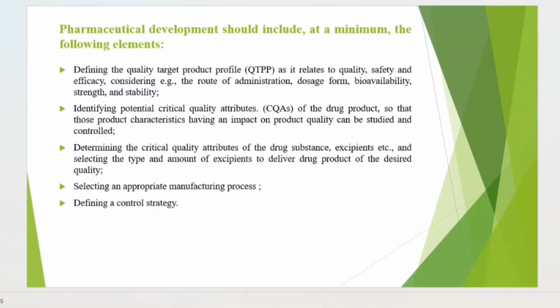Because the QTPP is related to the quality, safety, and efficacy, considering the route of administration, dosage form, bioavailability, strength, and stability. So, relating to all these parameters, the QTPP should be established.